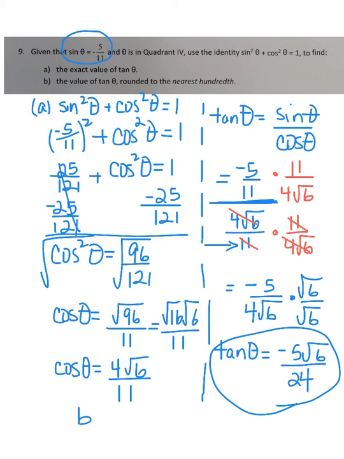So down here at the bottom, I would have tan theta equals, and then I would just plug that into my calculator, and I get negative 0.51031, and it says to the nearest hundredth, so that's going to be negative 0.51. So then I'll box this one off so you can see the difference. Okay, so that's my answer to part B.